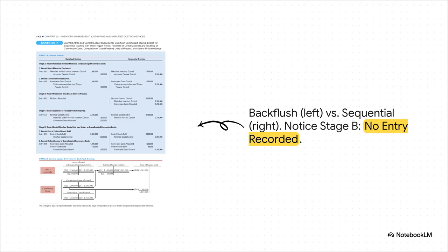Zero in on stage B, record production resulting in work in process. What's it say? No entry recorded. Boom, right there. That is the shortcut in action. We just completely skipped that whole messy WIP entry because we decided that stage is not a trigger point. The costs just get flushed straight from the RIP account to finished goods later. Seriously, this one image tells you the whole story.